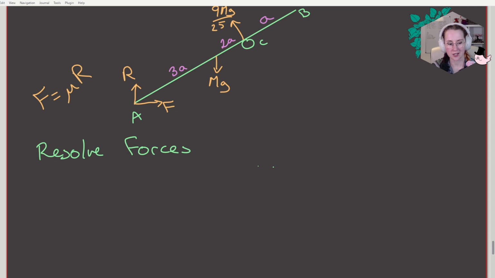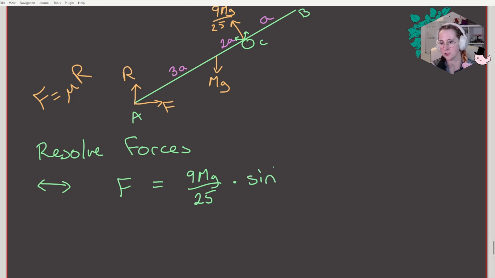So essentially we look at forces in the horizontal direction, so what's moving in the horizontal. So we have F moving in the positive, and in the negative we have a contribution from this 9mg over 25, so 9mg over 25, and in the horizontal is sine of alpha. Remember, alpha is this angle here.